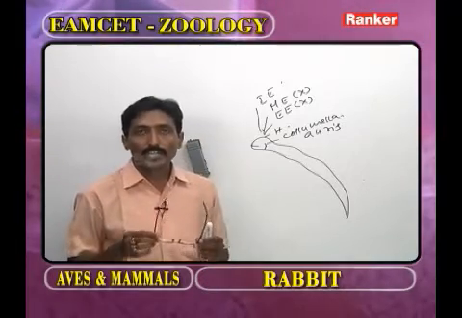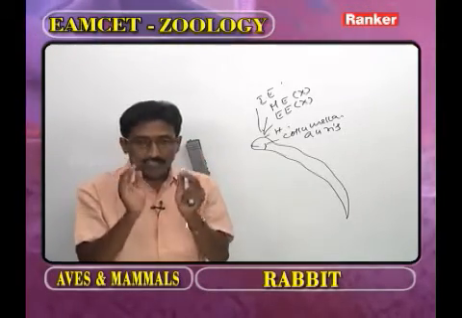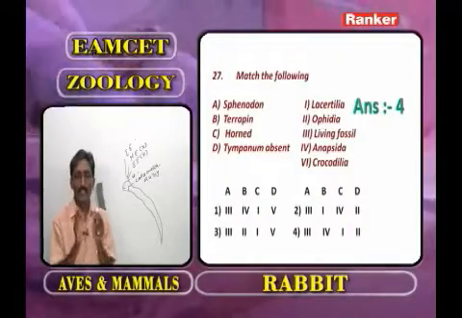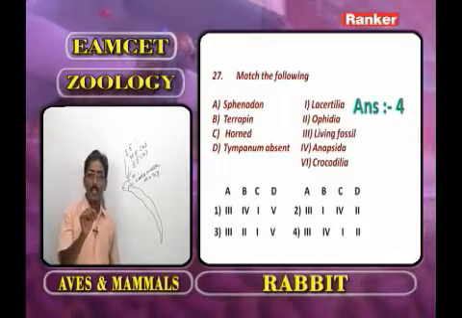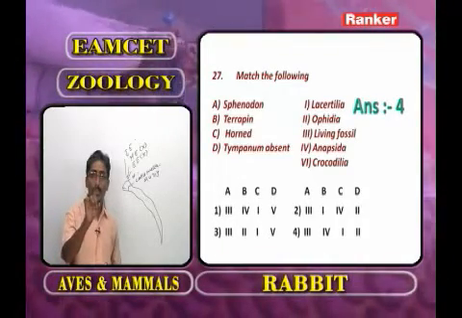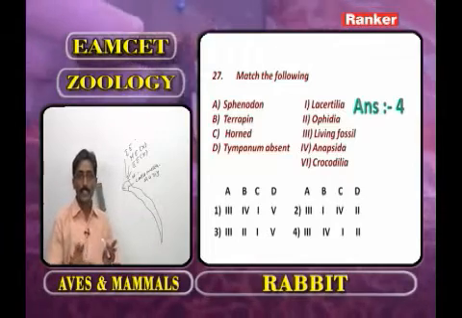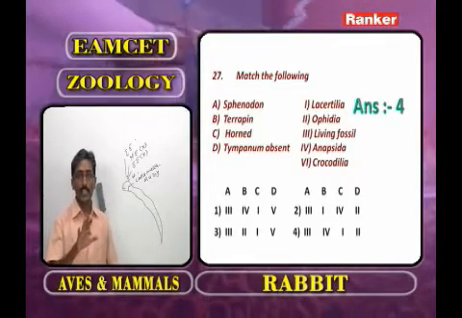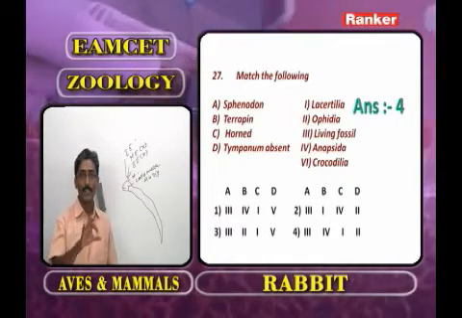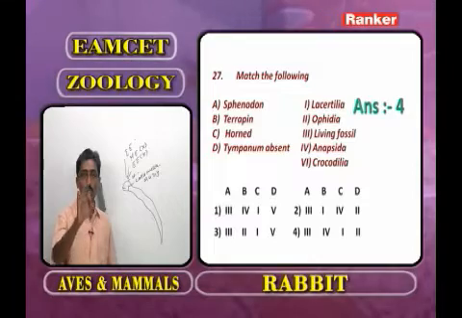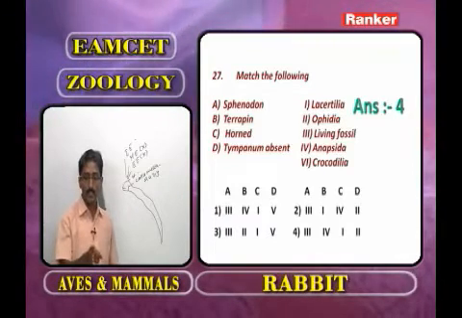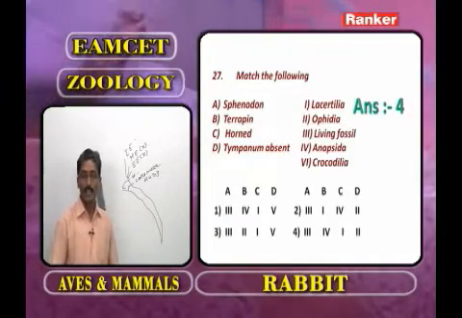Now Crocodilia we know very well. Now we have to discuss Sphenodon. Among the reptiles, this is the only reptile considered a living fossil. It has not undergone any changes since millions of years. It is confined to only New Zealand. So Sphenodon is a living fossil.